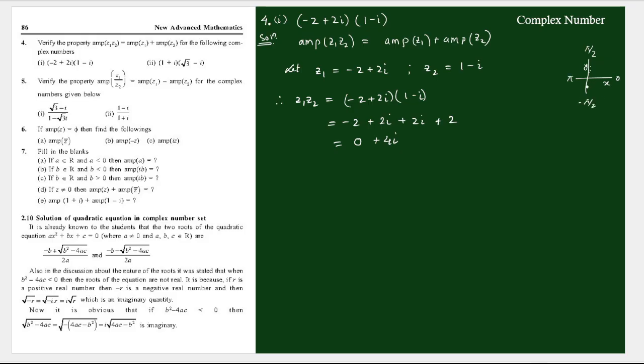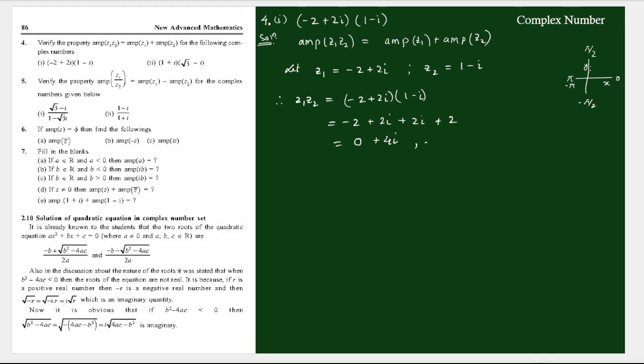Up is positive pi by 2, below is negative pi by 2. So it lies on the imaginary axis. We have to write 0 plus 4i, not minus, plus 4i. That means on the positive part.